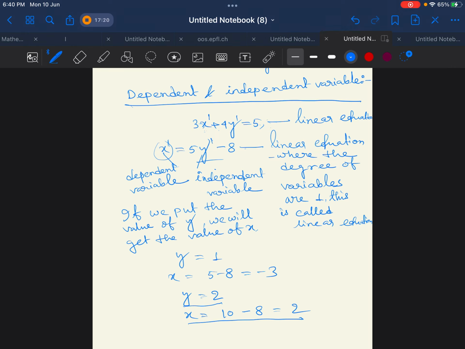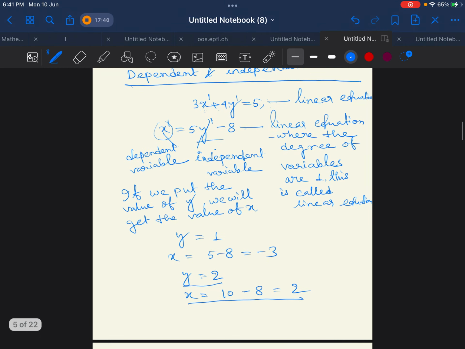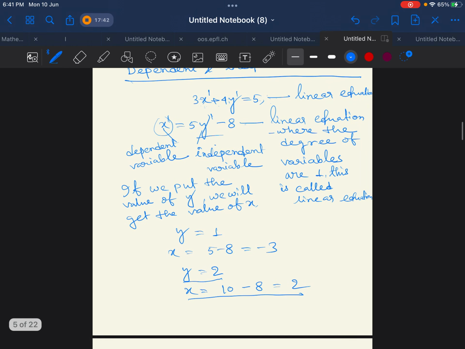Here also the degree of x is 1, the degree of y is 1. So these two equations are linear equations. Where the degree of x and y is 1, these equations are called linear equations.